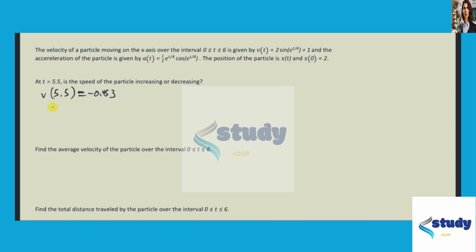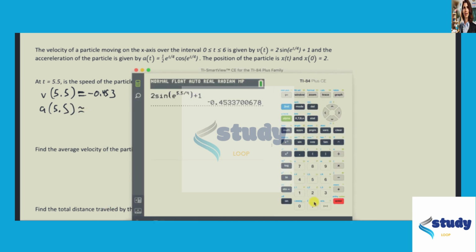So the velocity is negative, and we need to look at the acceleration at that time. Acceleration is 1/2 or 0.5 times e^(t/4), so 5.5 over 4, times the cosine of e^(5.5/4).